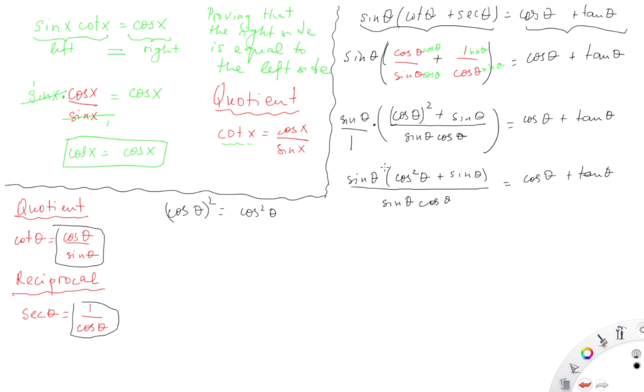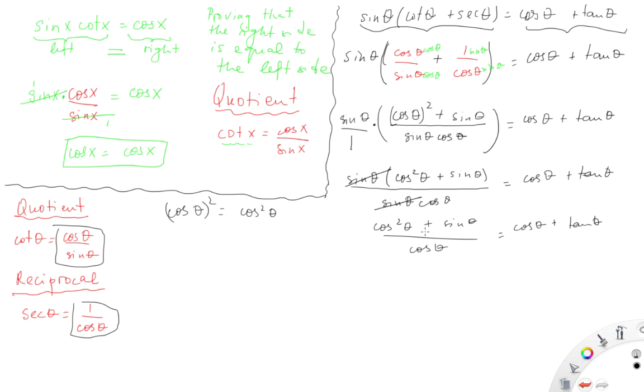Now, you can notice we have sine of theta in the numerator and denominator. I can cross it out. Okay, so I'm left with cosine squared theta plus sine theta over cosine theta equals cosine theta plus tangent theta.